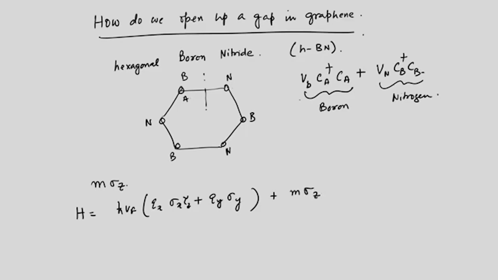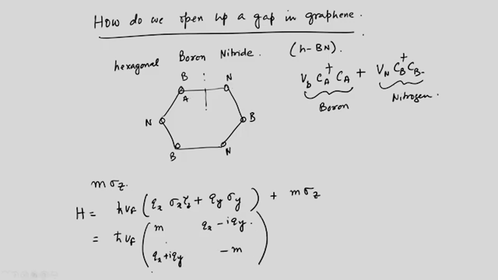I mean, which comes from the on-site potential, and just for our convenience, it has a positive sign at the A sublattice and a negative sign at the B sublattice. Now, if we solve this Hamiltonian, it is again a 2 by 2 Hamiltonian, there is no problem in solving it. Now, you will have a form which is h cross Vf, and then you have a term m, and a qx minus iqy, and a qx plus iqy, and a minus m.